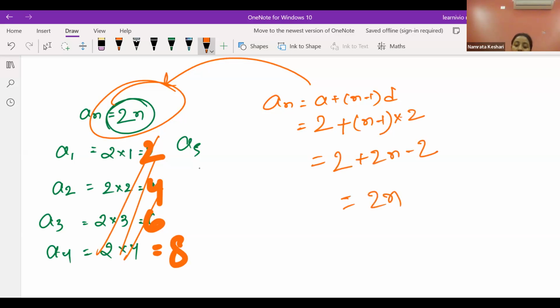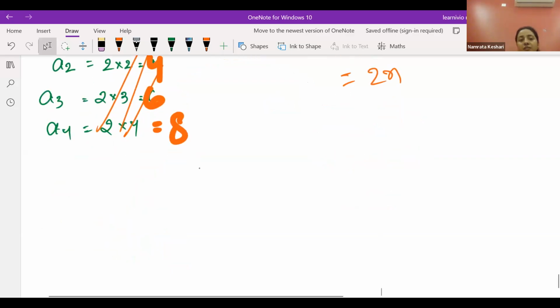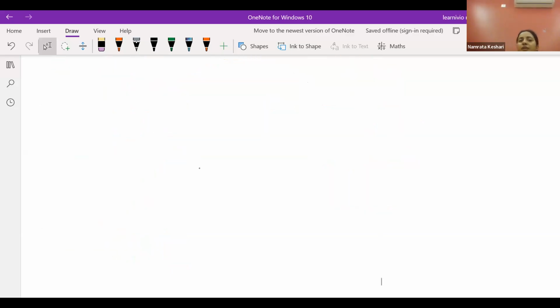Now I am telling them that sometimes the nth term will be given to you, and you will be finding the first term, second term, third term, fourth term. Got it? Okay, so there are so many sequences. The nth term will be given and we will be finding the first, second, third, and fourth terms.